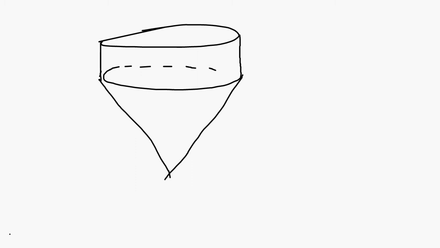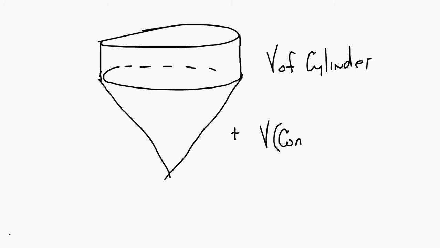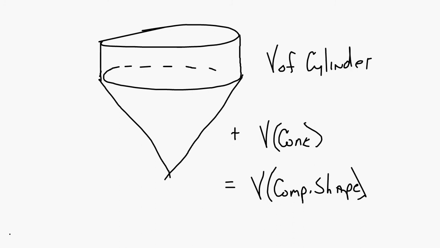So isn't it going to be the volume of the cylinder plus volume of a cone? And that'll equal volume of the composite shape. Okay?